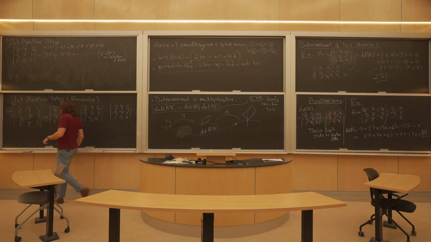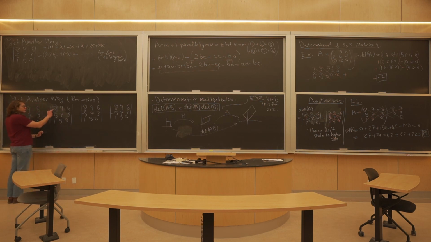Because I chose this first row, I'm going to pick entries from this first row. Here I choose this first entry. When I choose this first entry, I'm also burning any other entry in the same row and in the same column.